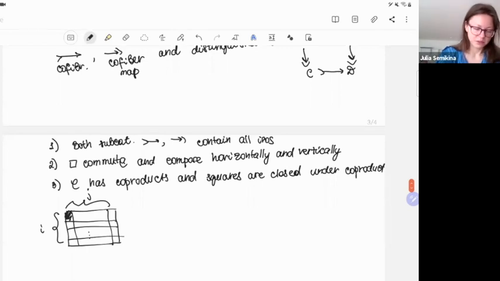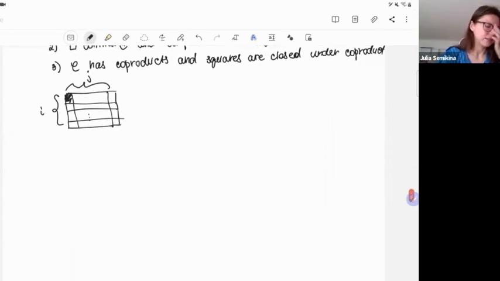So now I explained what a category with squares is, and now the construction.